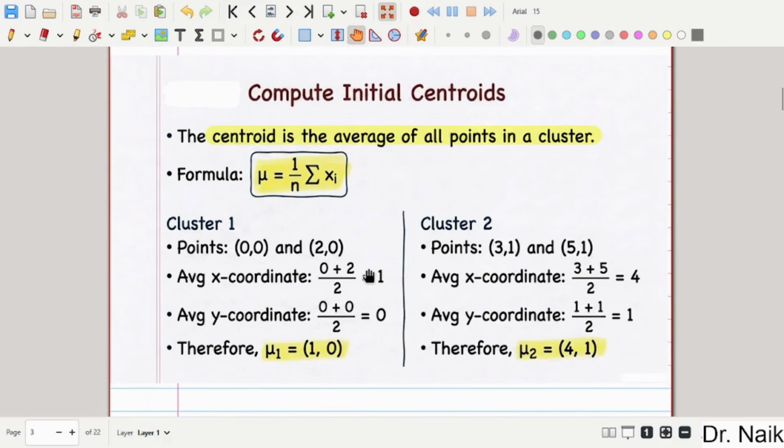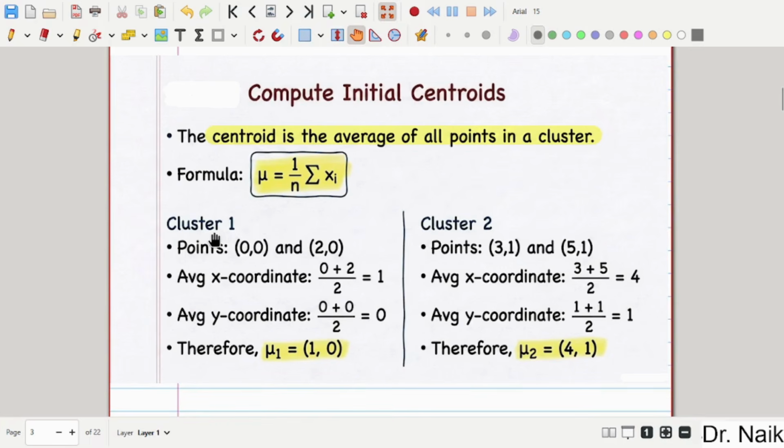Now find the centroid for each cluster. The centroid is the average of all points in a cluster, and it is calculated by the formula mu is equal to 1 upon n multiplied by the summation of xi, where n is the number of data points in that cluster and xi is a data point in that cluster.